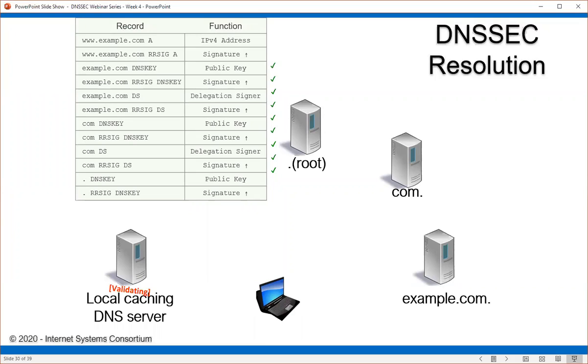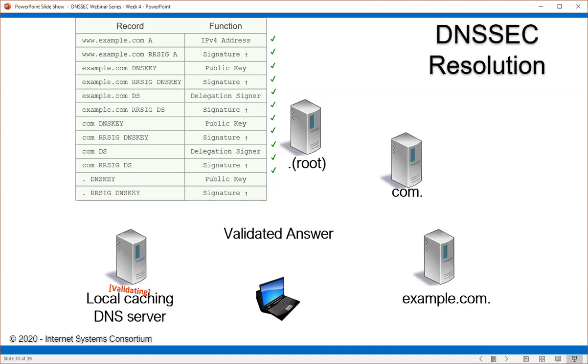And now we're able to prove that we have the good public portion of the DNS key. So we're now able to finally see that, yes, sure enough, we have a validated answer for the www.example.com A record.